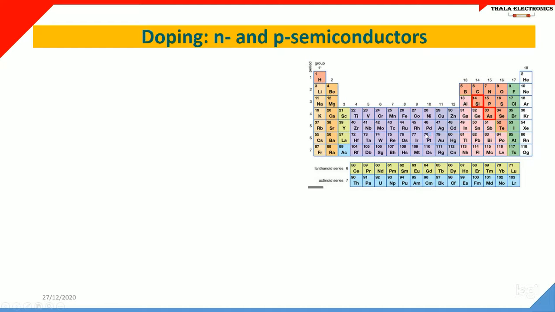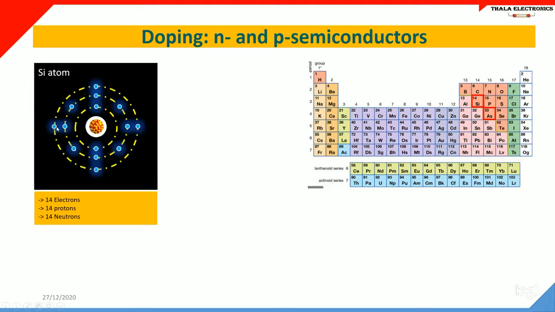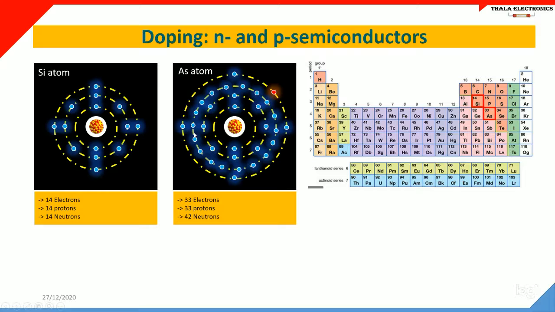Let's take a periodic table and look at the silicon semiconductor. Silicon contains 14 electrons and 14 protons, and it has 4 electrons on its outer orbit. Now if we take arsenic atoms, arsenic contains 33 electrons and 33 protons.